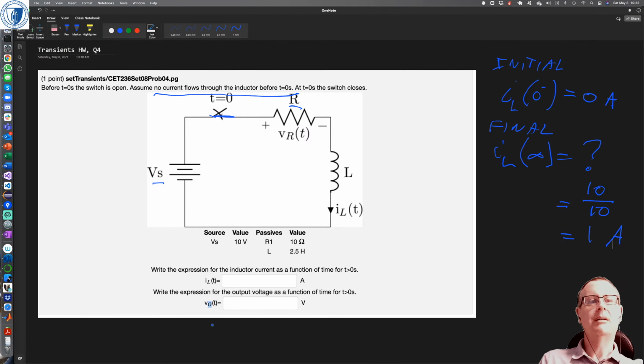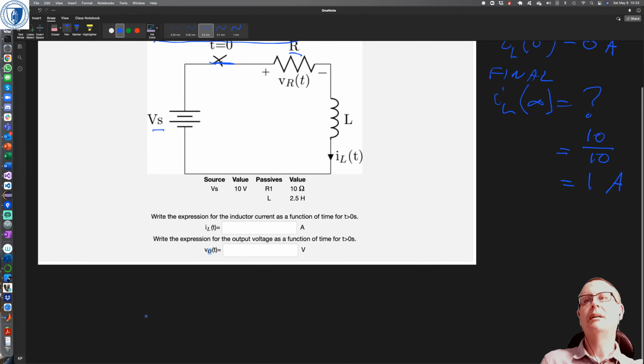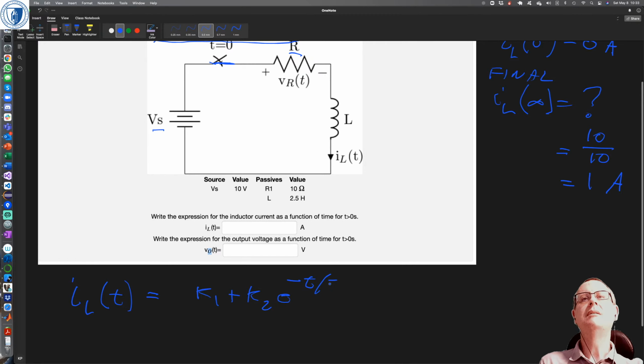So again, our general form of our current is K1 plus K2 e to the minus t on tau. And here at infinity, that's equal to K1, and at time 0 that's equal to K1 plus K2.